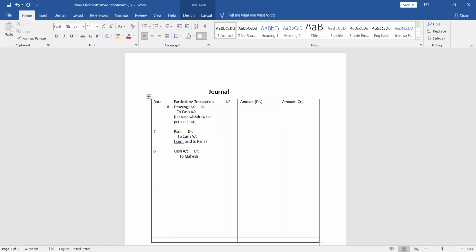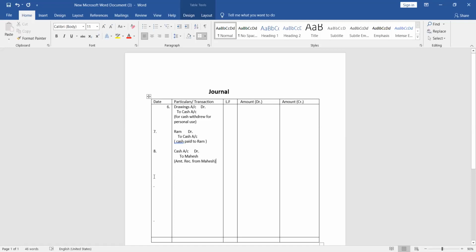Because in this case, cash is received, Mahesh is the giver. Debit the receiver, credit the giver. So amount received from Mahesh. This way you have to do this entry.